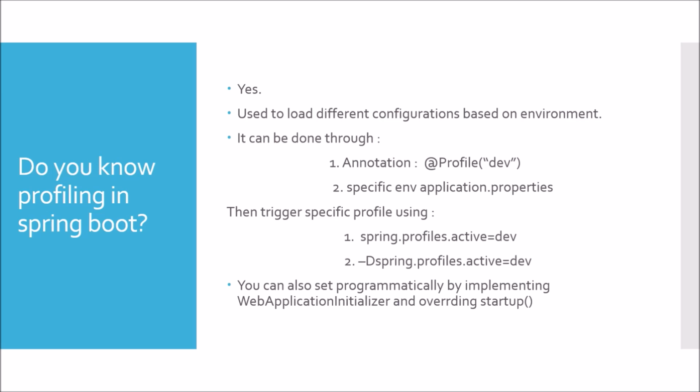But mostly we do it either by passing a VM argument, or in my application.properties I can use spring.profiles.active, and based on the environment name I can trigger a specific environment application.properties. But remember, this is related to only Spring Boot. In case of microservice, we do not prefer storing the frequently changing configuration with the code.